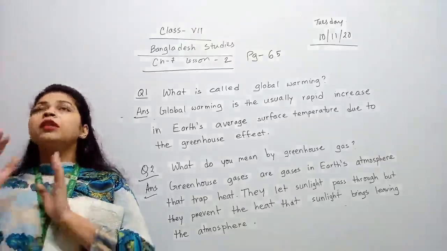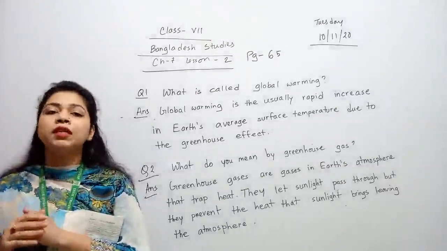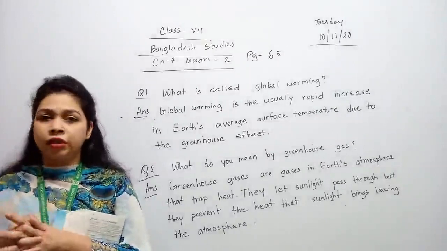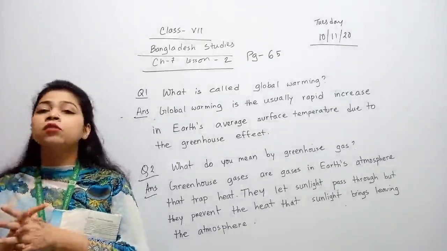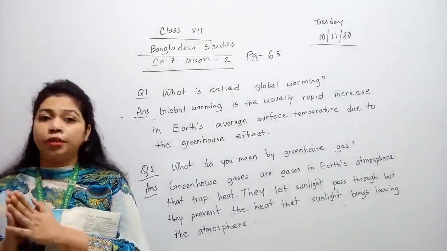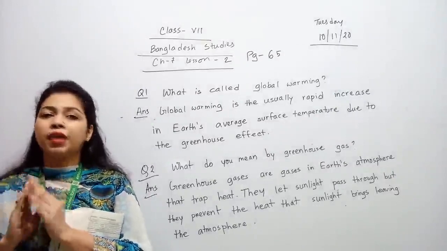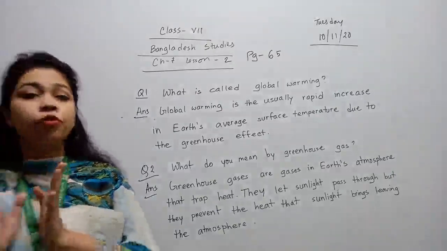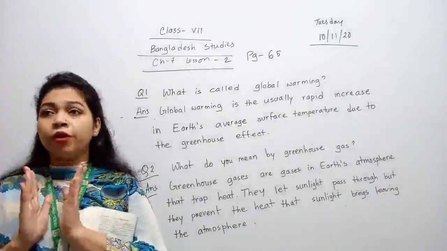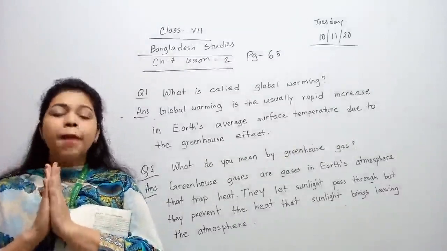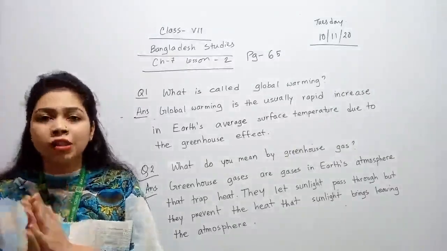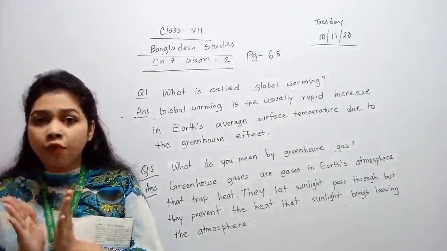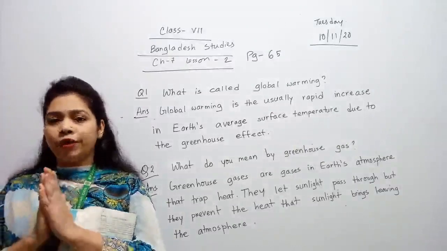When you cut the trees, it damages the environment and also the production of oxygen. You know, oxygen is a cooler gas. If you go to a place where there are more trees, you will feel cool, isn't it? Because the oxygen production is more over there, the presence of oxygen is more over there.